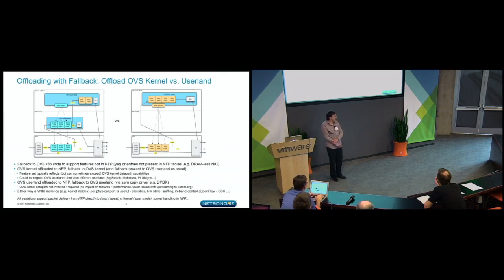So if we now zoom into the different fallback options, we have the offload the kernel or the user land style of offloading with fallback. On the left, you can see the OVS data path repeated hashing tables in the kernel being pushed down into the accelerator.